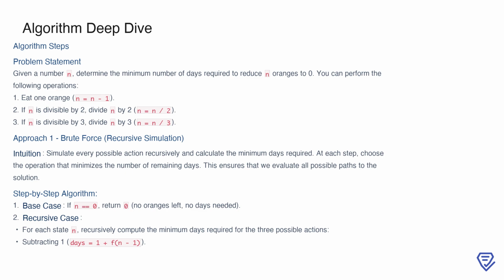The algorithm starts with a base case: if n equals 0, no days are needed, so we return 0. For the recursive case, we compute the minimum number of days required for each of the three actions. For example, eating one orange would result in n-1 plus 1 day, and we continue this process recursively. This approach ensures that we explore all possible paths to find the optimal solution.